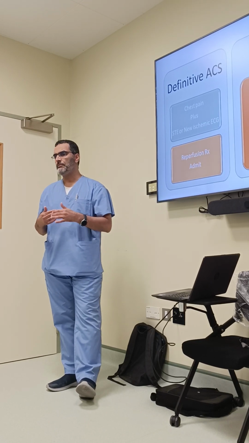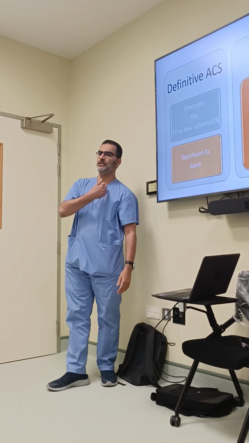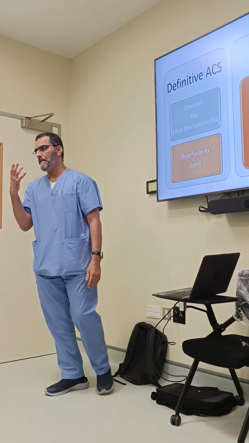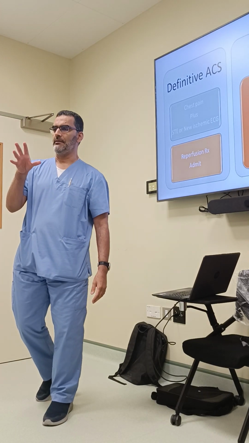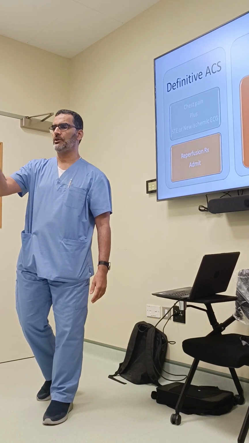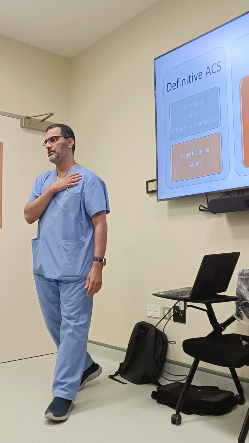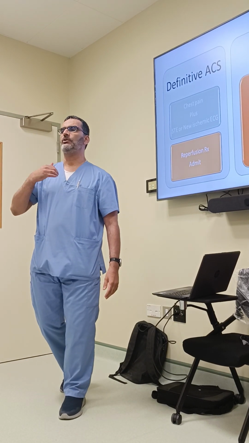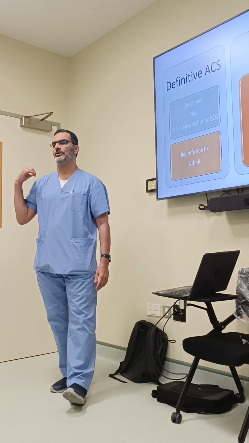So if you have a patient who tells you I have chest pain radiating to the left arm, many of them are having MI, or let's call it acute coronary syndrome. But if he tells you that I have chest pain radiating to the right arm, what does that tell you?